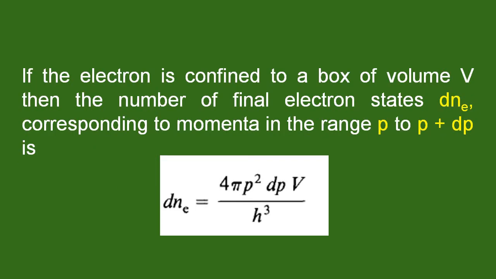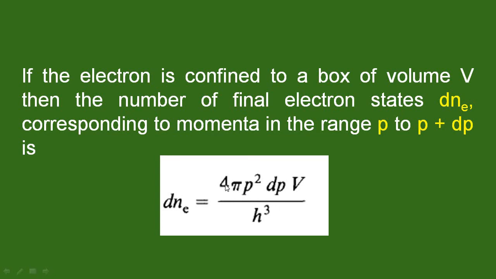If the electron is confined to a box of volume V, then the number of final electron states dne corresponding to momenta in the range p to p plus dp is, this dne is the number of electrons which are in the momentum range p to p plus dp.